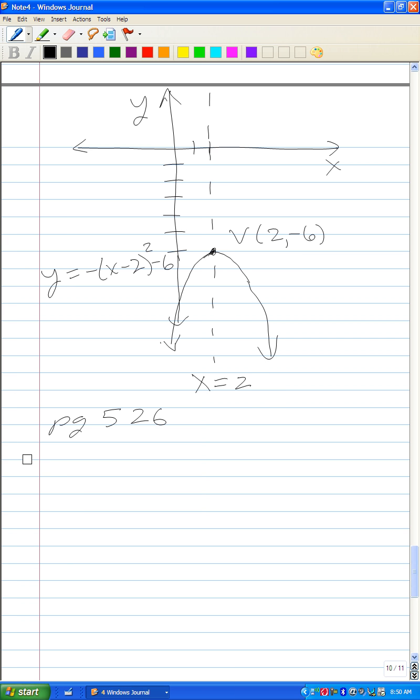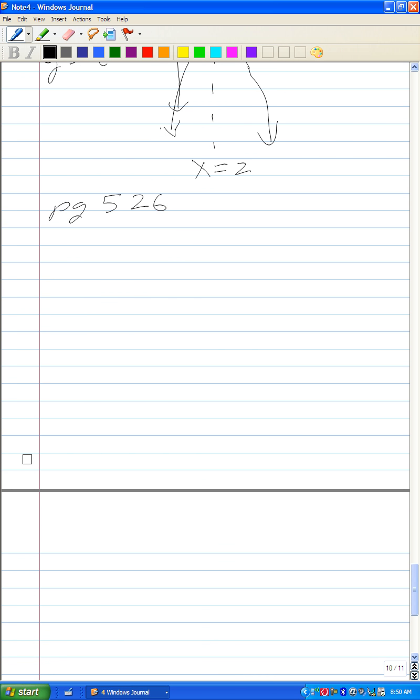Let me do problem 24. F of x equals x squared plus 2x minus 3. Find the vertex of the graph of each quadratic function. Determine whether the graph opens upward or downward. Find any intercepts and sketch the graph. Okay, so let's do that. Let's find the vertex. Well, actually, let's find the axis of symmetry first.